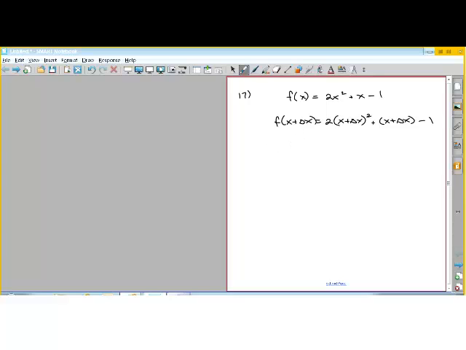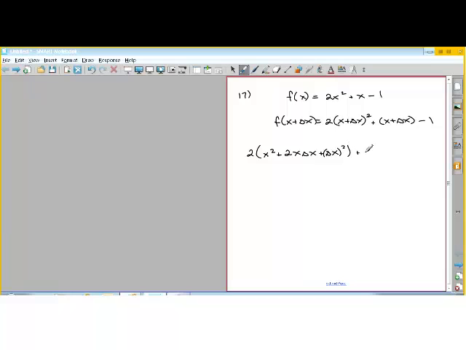And I'm actually going to multiply that out. So we use FOIL on that first bit. So we'll have x squared plus 2x delta x plus delta x. I'm putting parentheses just to make sure you know that I'm squaring delta x. I'm not just having delta x squared. It's delta x quantity squared.